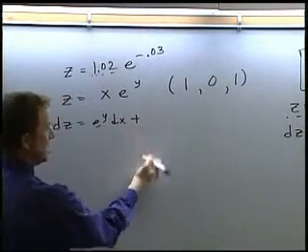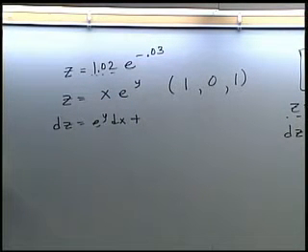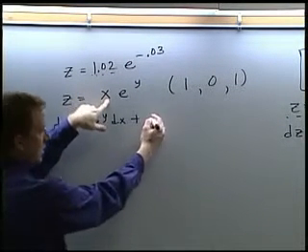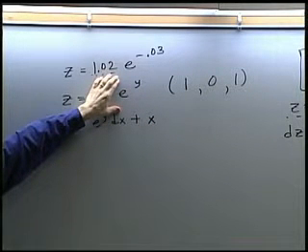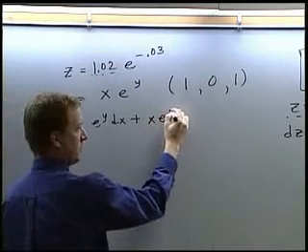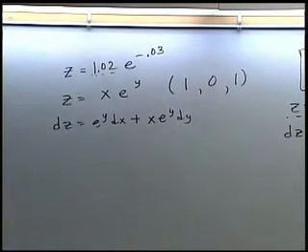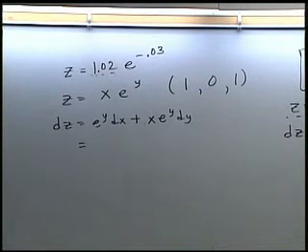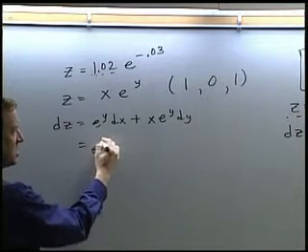Plus the derivative with respect to y is what? Well, first of all, x is a constant, right? So x stays there. And then what's the derivative of e to the y? e to the y. Sure. And then I multiply by dy. All right, now let's go ahead and approximate this value of dz. e to the y, so that's e to the 0.